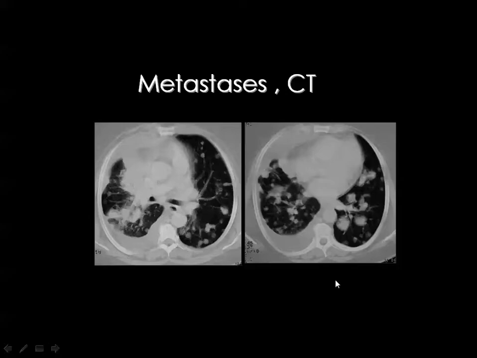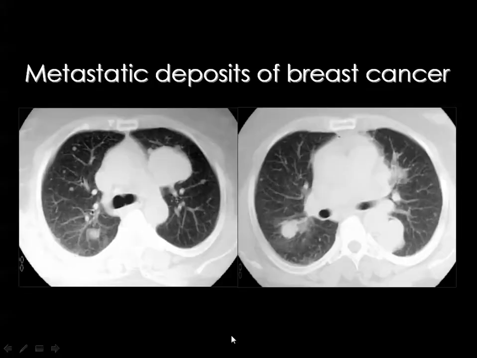And the same case if you see the nodules on CT, and these are multiple variable size pulmonary nodules in the pleural effusion, these nodules should represent metastatic deposits. And metastasis may be large in the form of masses and may be small in the form of nodules.